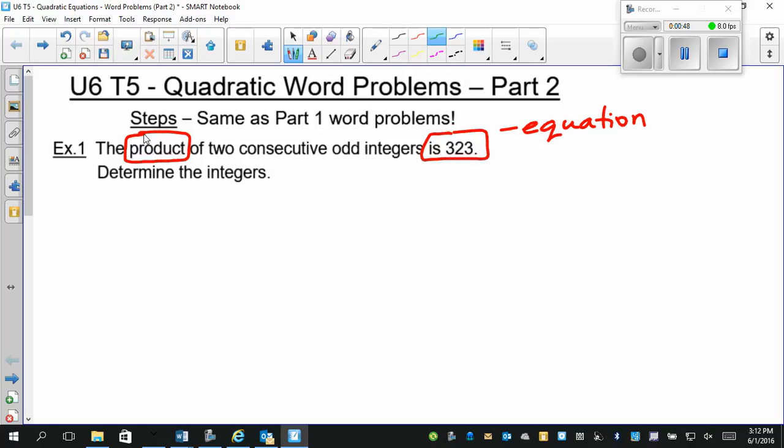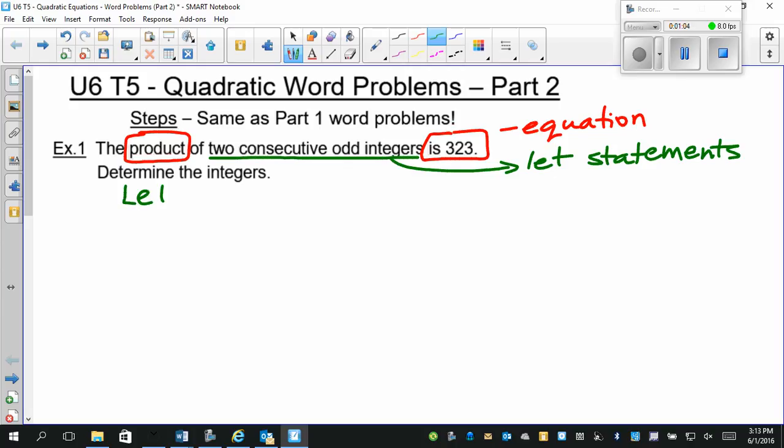This part here creates our let statements. So we're talking about two consecutive odd integers. So we're going to say let x be the first integer.